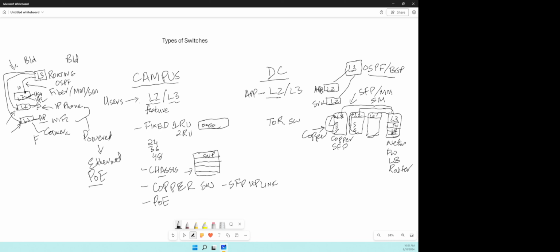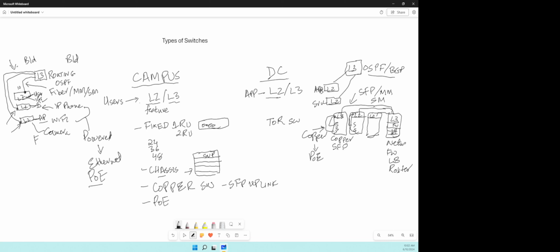Now, data center does not or should not have PoE capabilities, or does not require them, because they don't have any phones, users, APs, cameras. But if there is, then you'd have to put in a copper with a PoE capability. But typically in the data center, most of the switches are either copper or SFP, and that's about it.